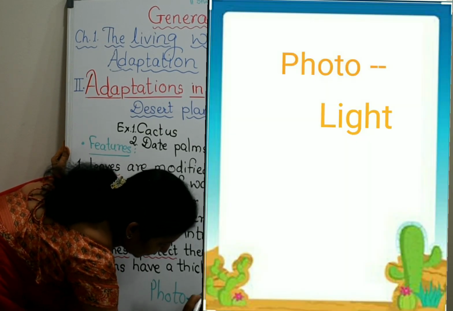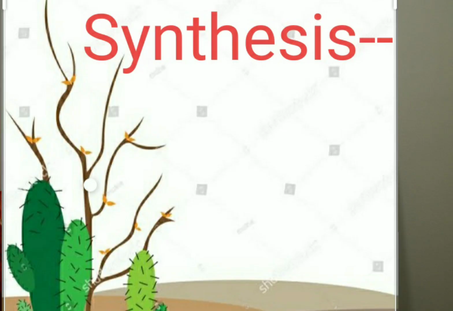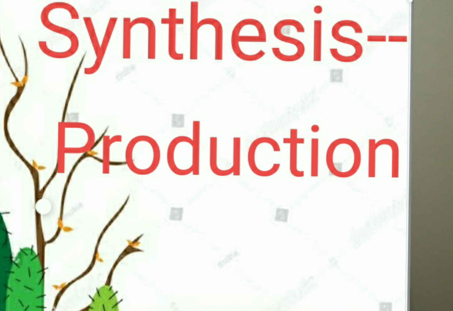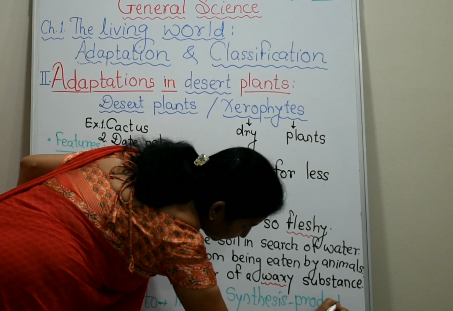What do you mean by photo? Photo means light, and synthesis means production.